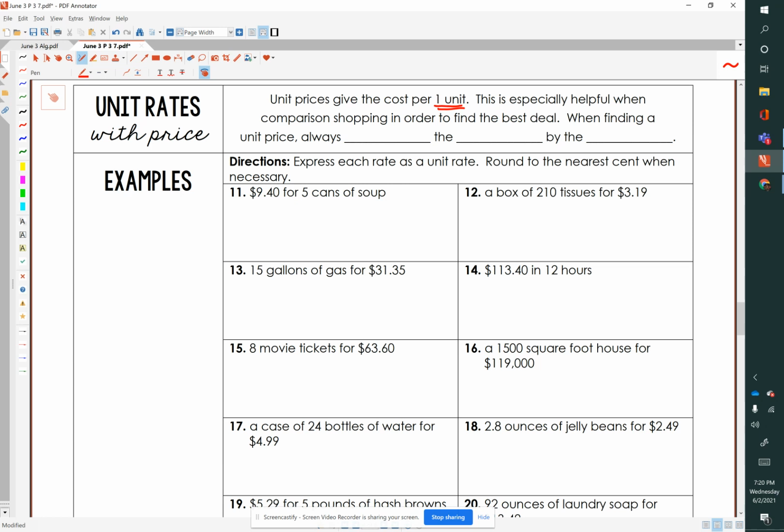And I know we've talked about this in class. And this is especially helpful when, as we said in class, comparison shopping in order to find the best deal. So when finding a unit price, always divide the price by the quantity. Quantity means how many.